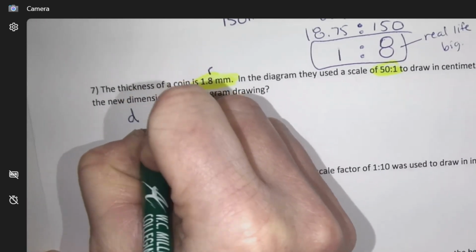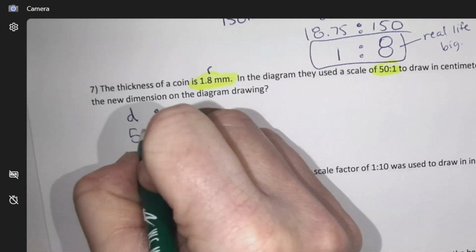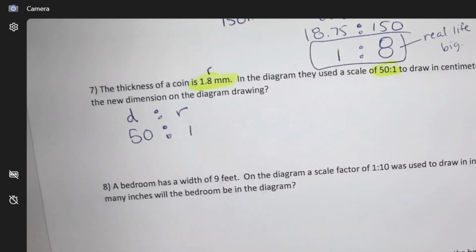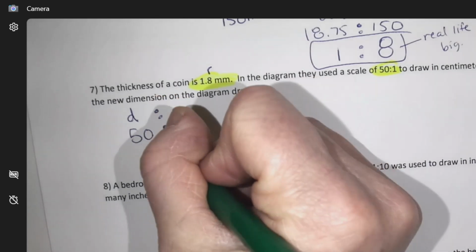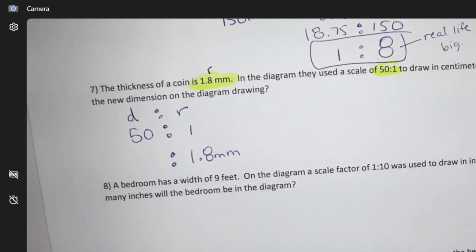So diagram to real life. They did 50 to 1. And then we had a real life of 1.8 millimeters.